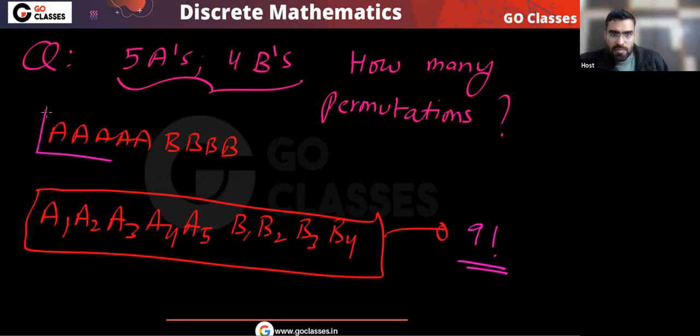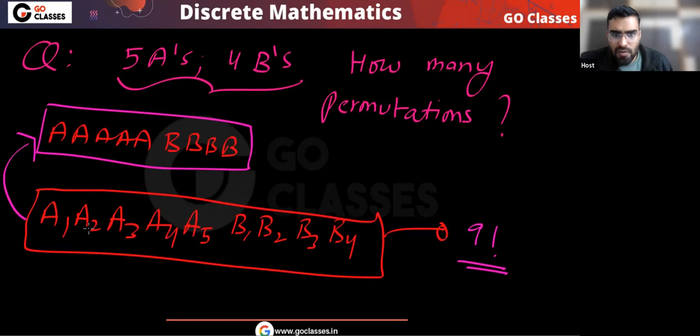So in this situation, the answer is very simple. Now you can notice that because they are the same, you can apply the division principle. Can anyone tell me what this function is? How much is this function?